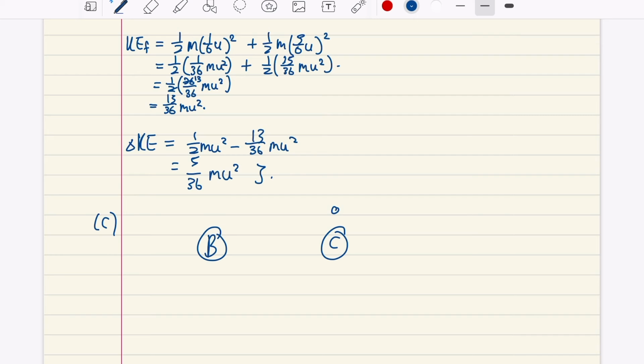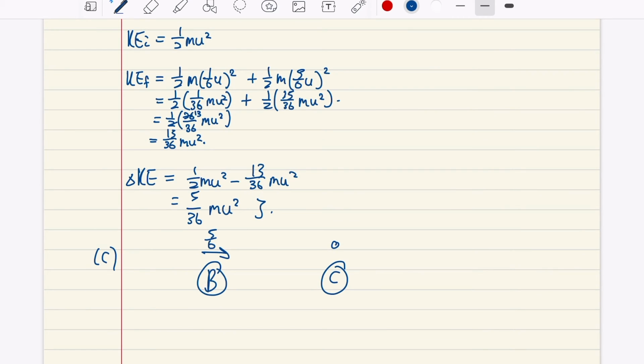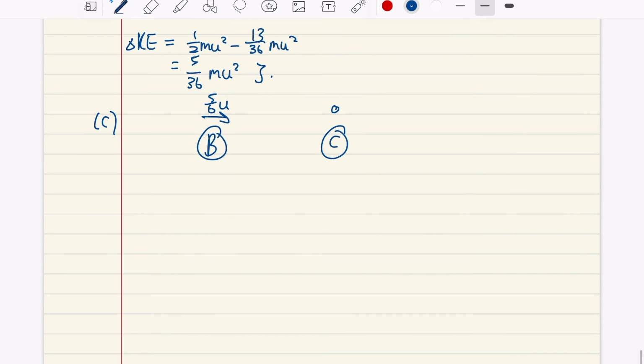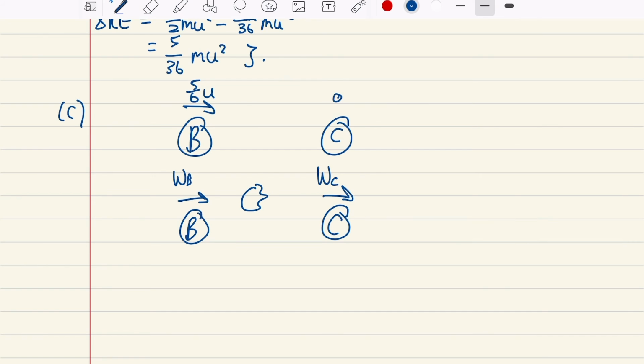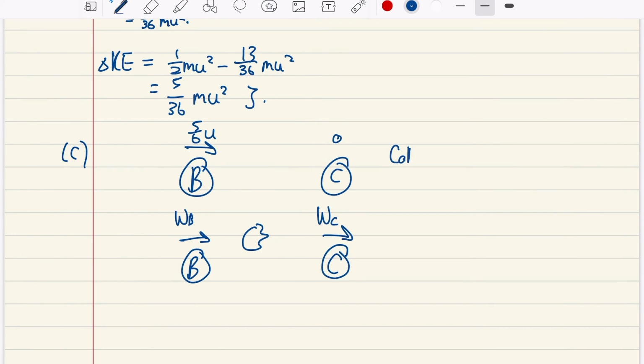C is at rest, and B is moving with the velocity of 5 over 6 u. After the collision, B will maybe still be moving towards the right, let's assume that, and C is moving towards the right too. So we call these WB and WC, because we used u and v already. So we can use conservation of momentum.